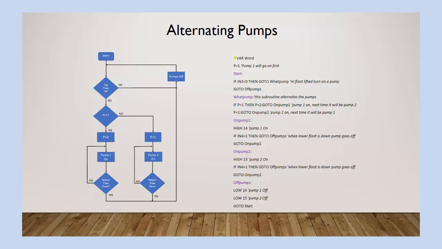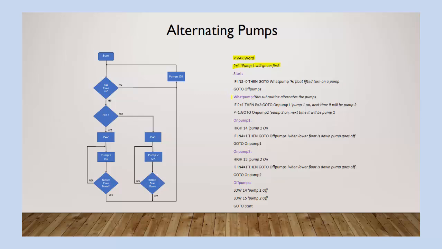We have P as a variable. We start off with P equals 1. Same conditional statement as before: if in3 equals 0, that means the top float is up. If that's not the case, then we shut off the pump, go to off pumps, just like we had before.